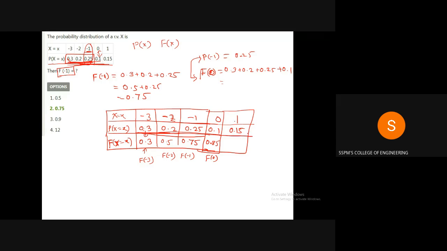Again for F of 1, you add all the values behind it, so it will give us 1. That is the difference between P of x and F of x. Remember that. Some questions can be asked on F of x directly, so instead of giving the probability distribution, you will be given this row and this row directly, and you have to find P of x for some x.